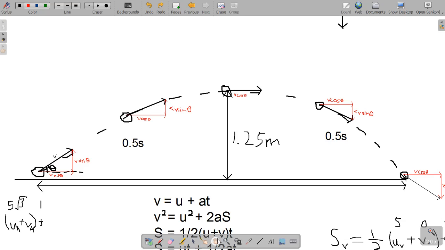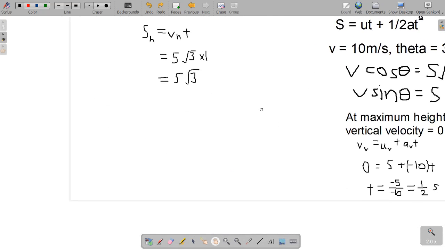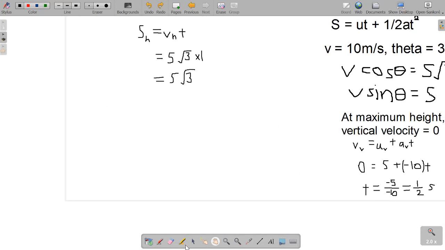So you just use your Pythagoras theorem after finding VH and VV. So V equals the square root of VH square, which stays constant all the way, plus VV square. So this is your Pythagoras theorem.